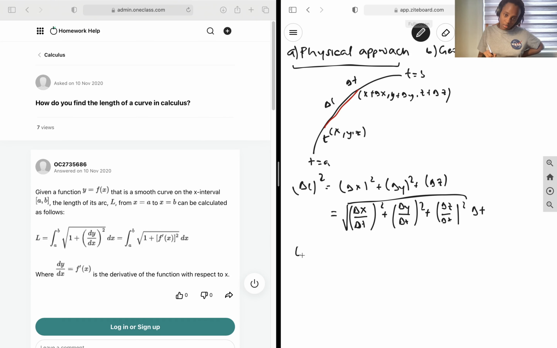And so since we're going to add up these small segments, we're going to get L is equal to the limit as delta t approaches 0, similar to before, of the addition of what we have here.